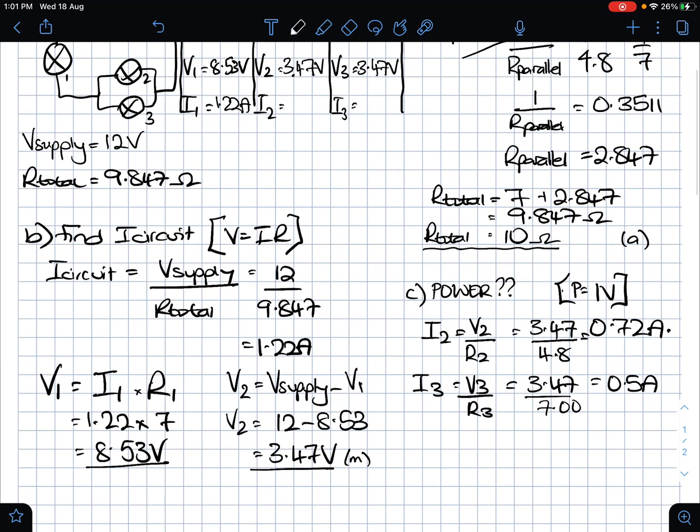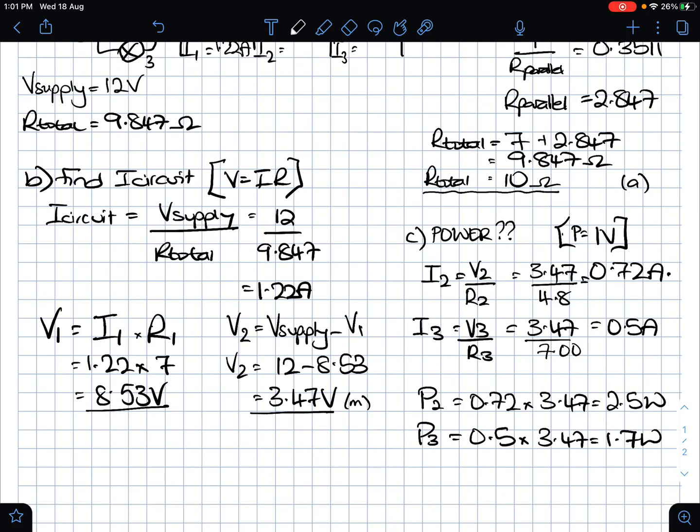And so the power of bulb 2 is the current, 0.72, times the voltage, which is 2.5 watts, and the power through 3 is 0.5 times 3.47, which is 1.7 watts.